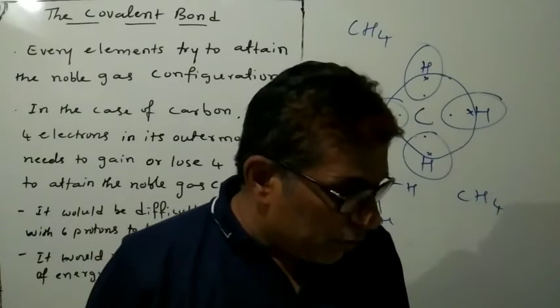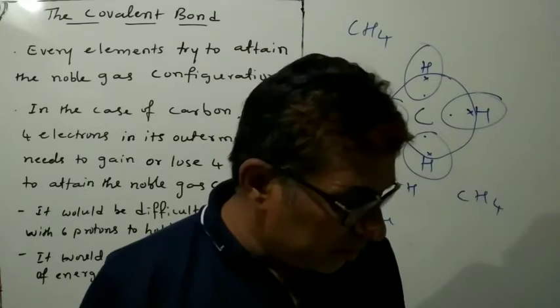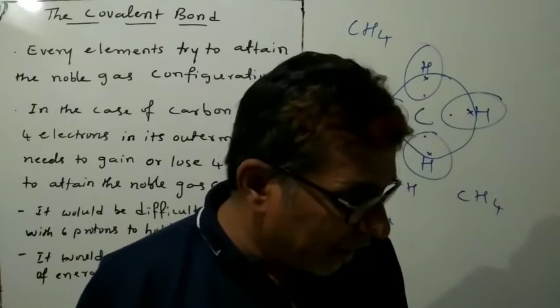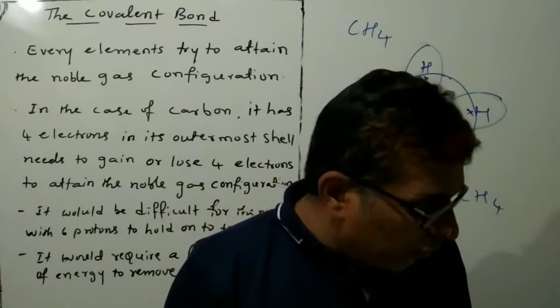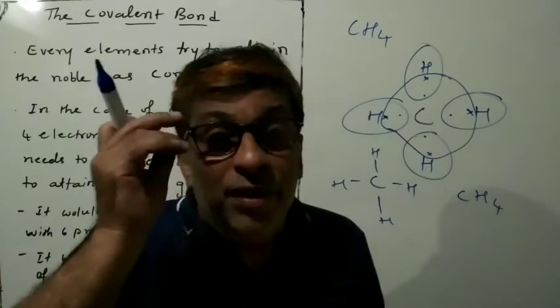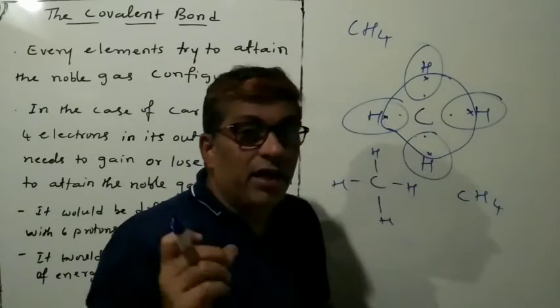Okay. Now, see here, remember methane is very widely used as a fuel and is a major component of biogas and compressed natural gas, CNG. Its formula is CH4. Okay. And carbon achieved like this. See, carbon achieved like this, it got 8 electrons.